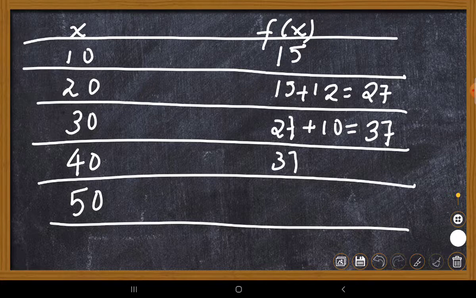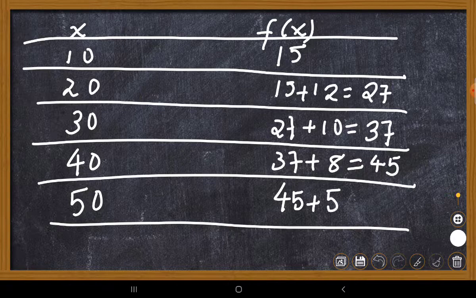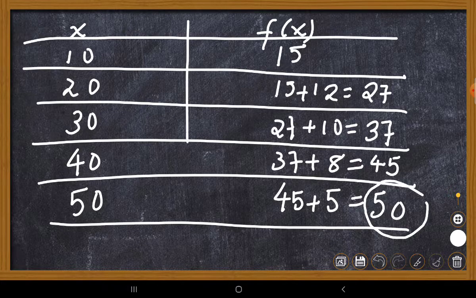Then 37 plus 8, which is equal to 45, and the last 45 plus 5, which is equal to 50. When you add the frequencies given in the question, you should get the total frequency to be 50. So we have constructed the cumulative frequency table.